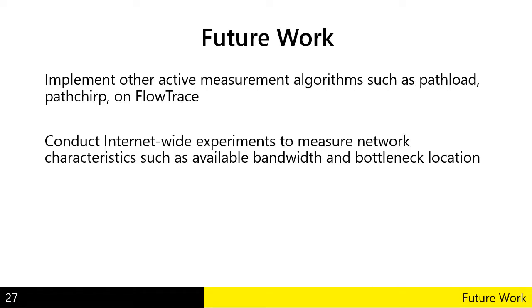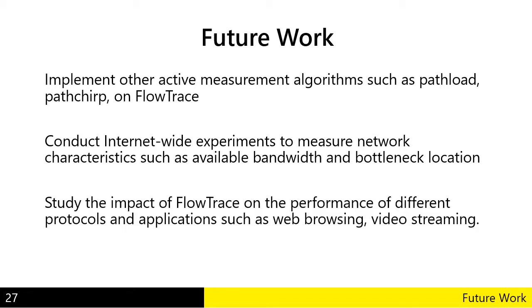We want to conduct internet-wide experiments using these algorithms implemented in FlowTrace, the idea being that a server can run FlowTrace and conduct measurements to the downstream ASs, for example, while sending useful traffic to them as well. And we want to study the impact of FlowTrace on different kinds of applications. For example, how web browsing may be impacted whenever FlowTrace leverages its data to conduct measurements.